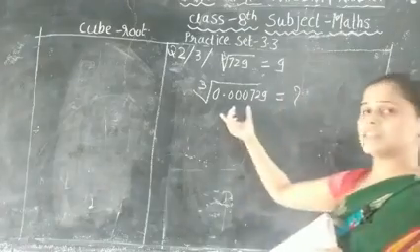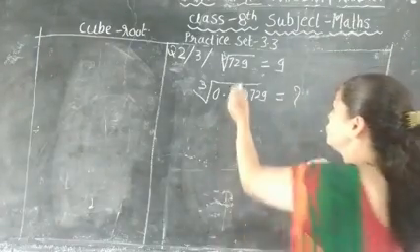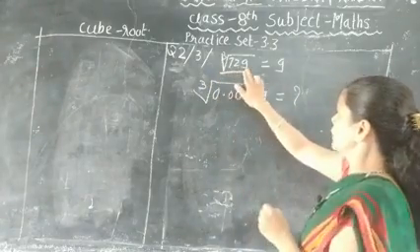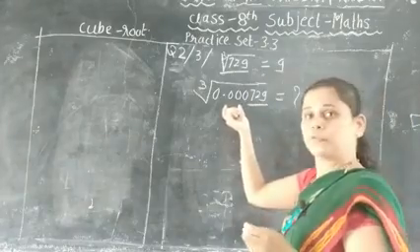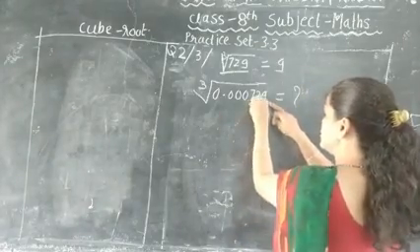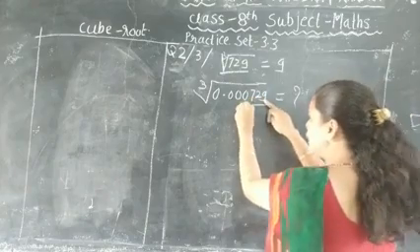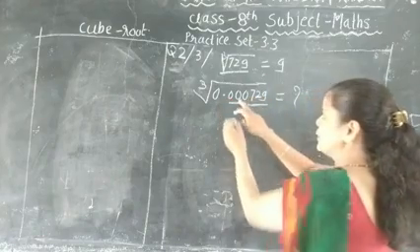The value of this number you have to find. We know the cube root of 729 is 9. That means make groups of 3 digits: 1, 2, 3 digits, that is 729, and 1, 2, 3, that is 000.